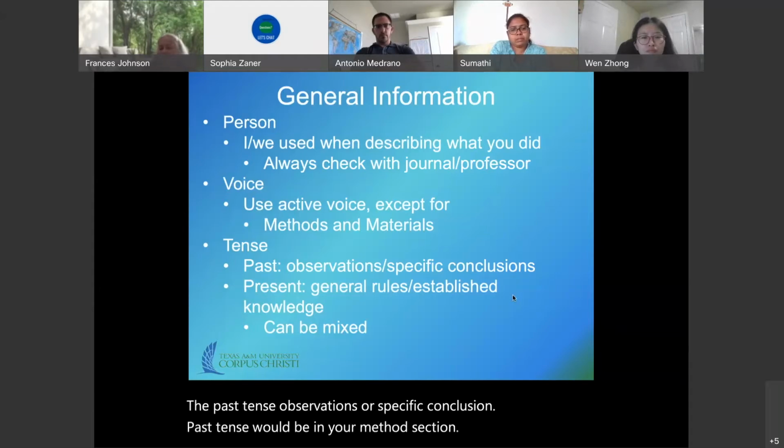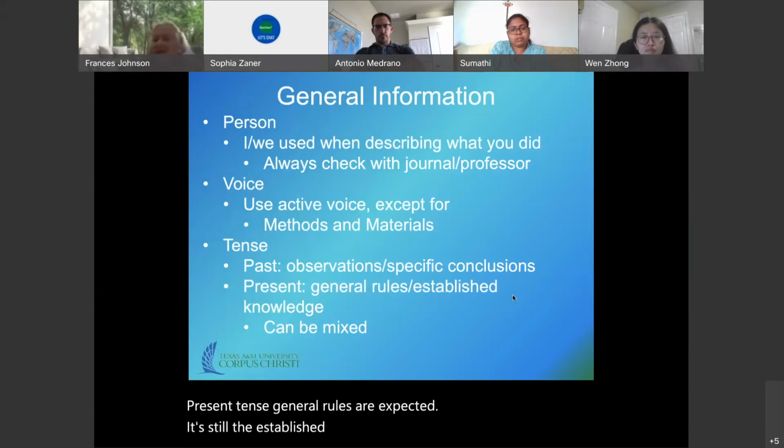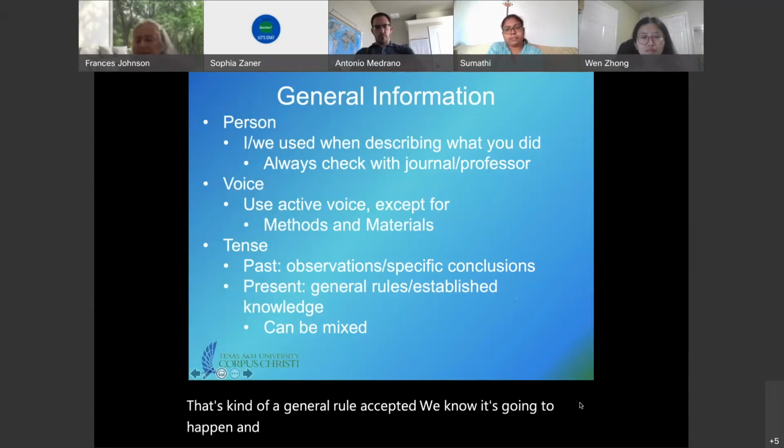We did this. This was done. Present tense is for general rules or established knowledge, like the sun rises. That's a general rule that's accepted. We know it's going to happen. And again, they can be mixed.